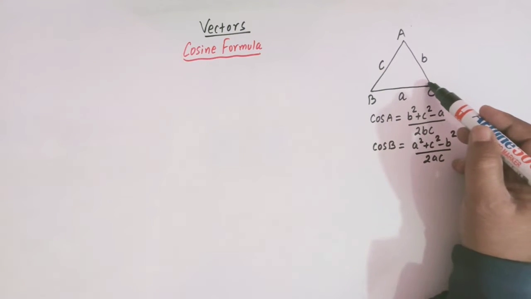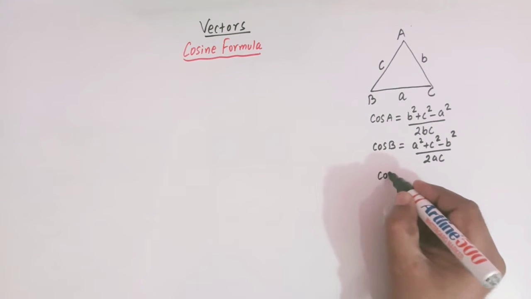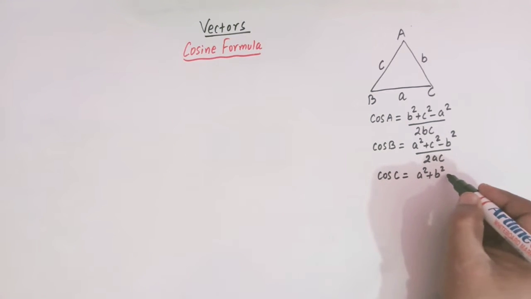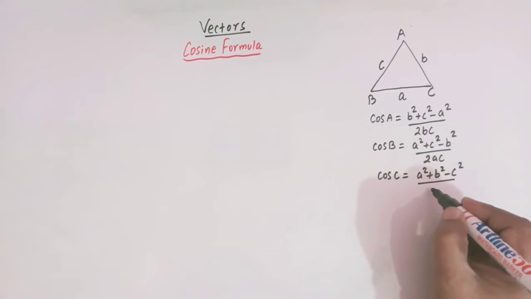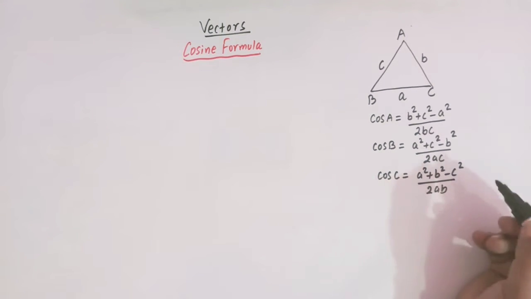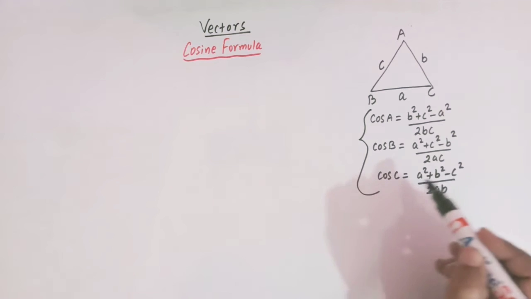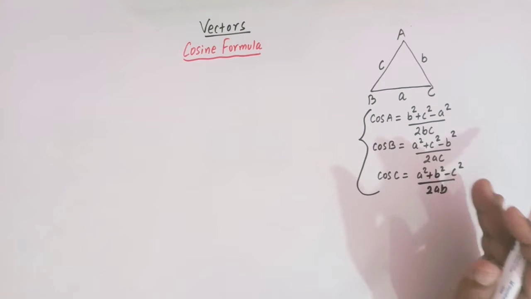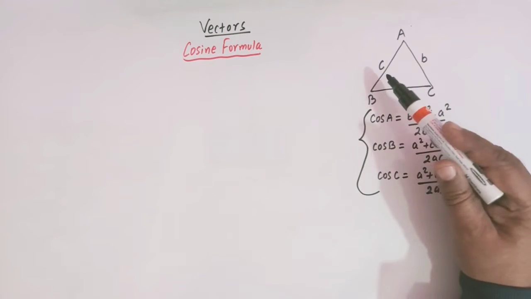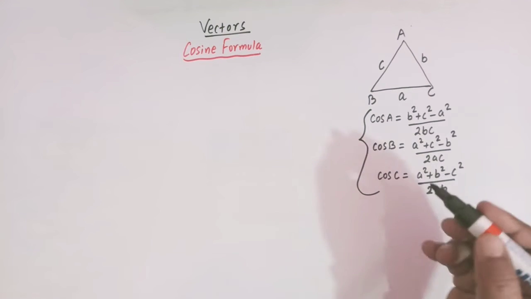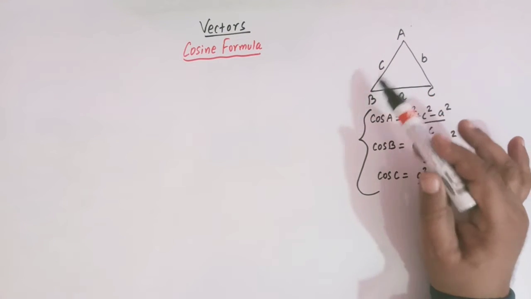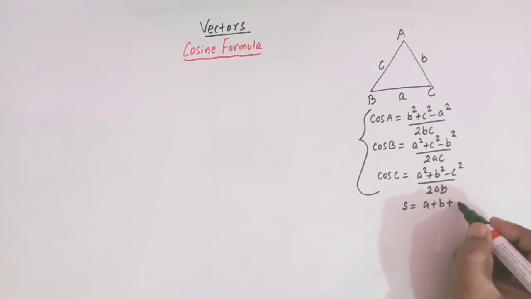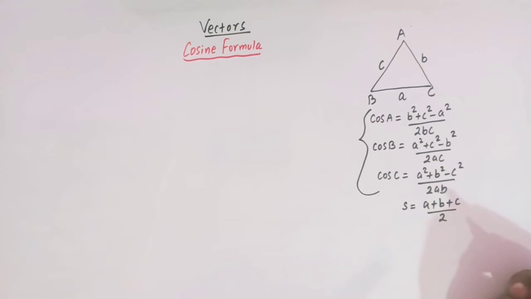And for this angle, cos C is equal to a square plus b square minus c square divided by 2ab. These are the three well-known cosine formulas related to a triangle ABC having sides a, b and c, and the semi-perimeter of this triangle is denoted by s, which is a plus b plus c divided by 2.